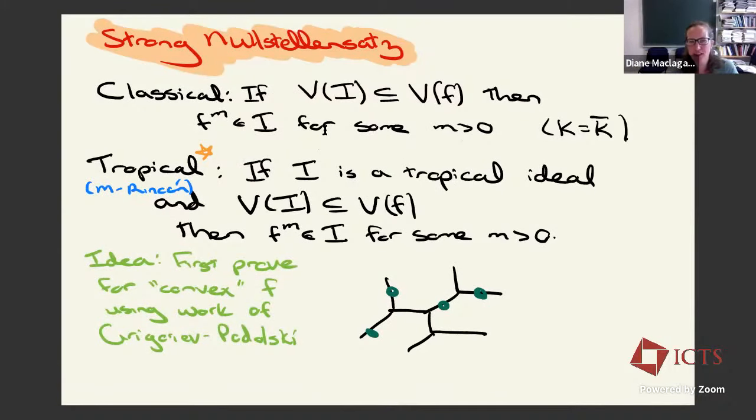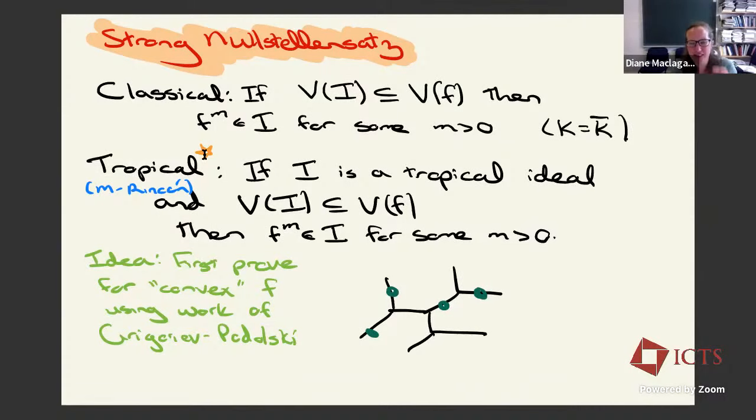So maybe the first thing to say is the strong Nullstellensatz. For the longest time we didn't believe this, but this is work in progress, so that's why there's an asterisk here, to say that half of it we have written down and read carefully, and the other half we believe we know how it works, but we're still working out the details.